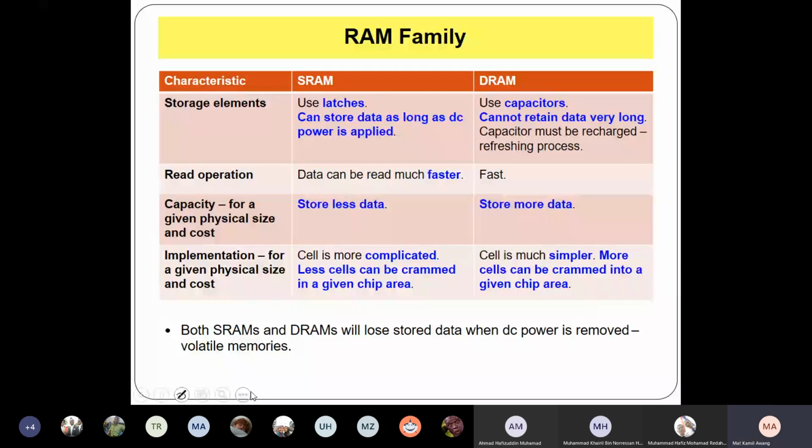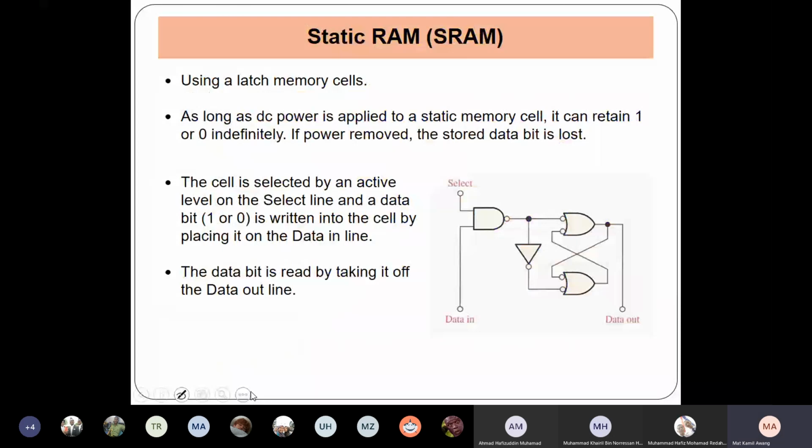So this is an SRAM. It uses a latch memory cell. You remember this part? Latch. This is a D latch, from the last lecture.